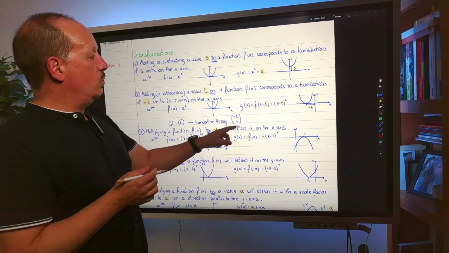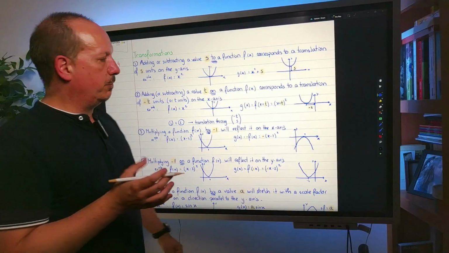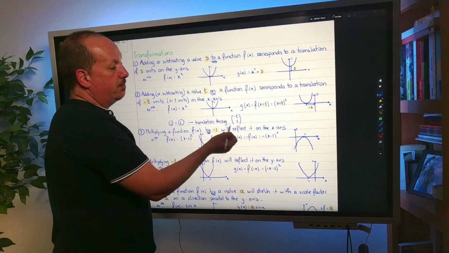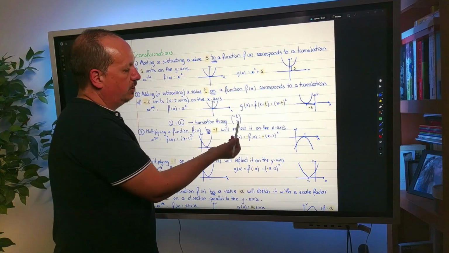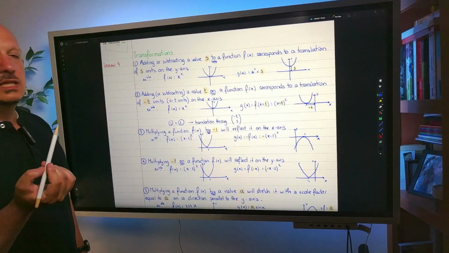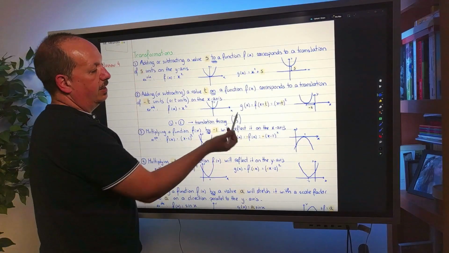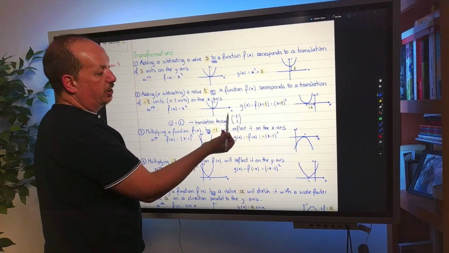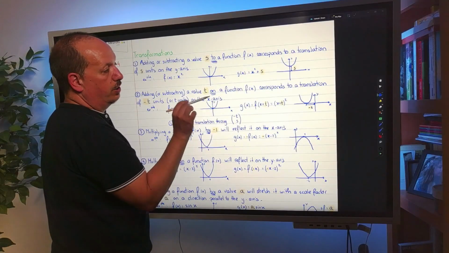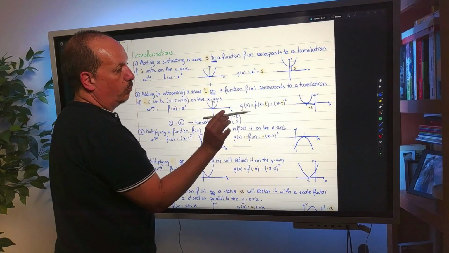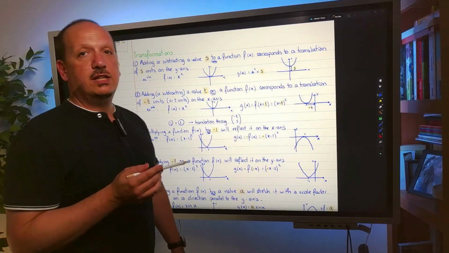But you know from ICSE or whatever qualification you had before the A levels, that vectors can be expressed as columns like this, in which the top number is the x coordinate of the vector and the bottom coordinate is the y coordinate of the vector. Okay, so what does this mean? This means that whatever number you have there is the value by which the function has shifted horizontally. Again, if it is a negative number, it went to the right. If it is a positive number, it went to the left. And s is the value by which it moved up or down.